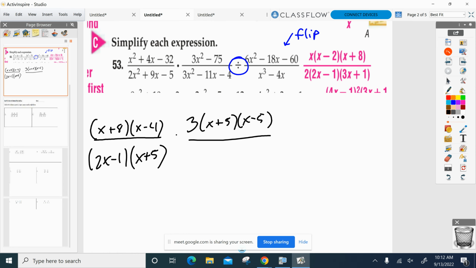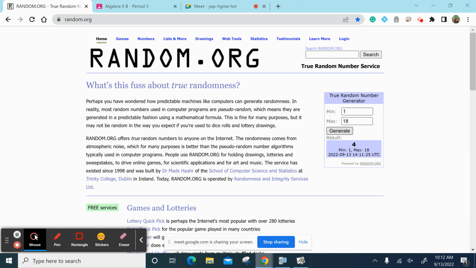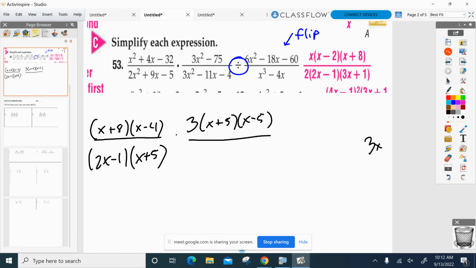Next up, bottom one. We'll pick a new one here. I got 3x squared minus 11x minus 4. How many terms? You're trying to turn it into 4 terms. Great job. Yep, this is grouping. Is it like what adds to 4 and what multiplies to 11?